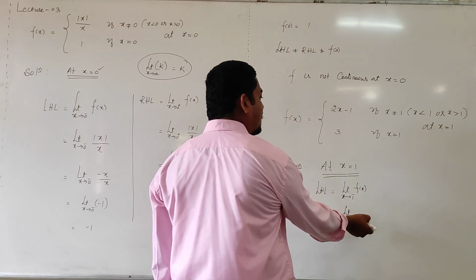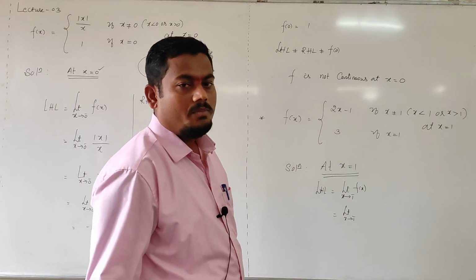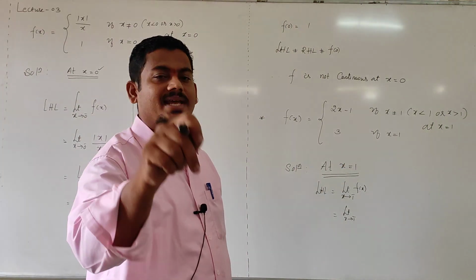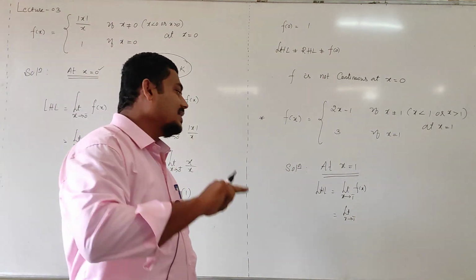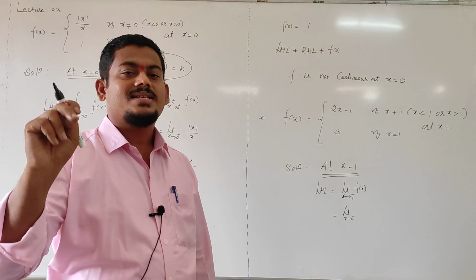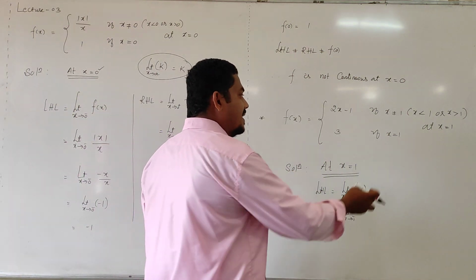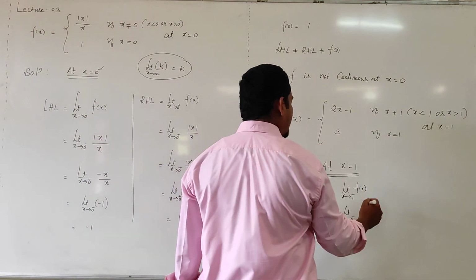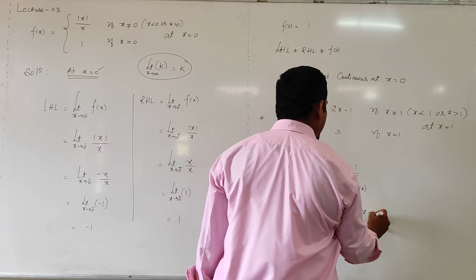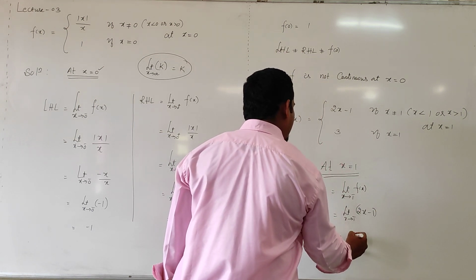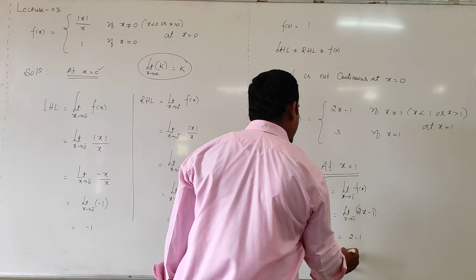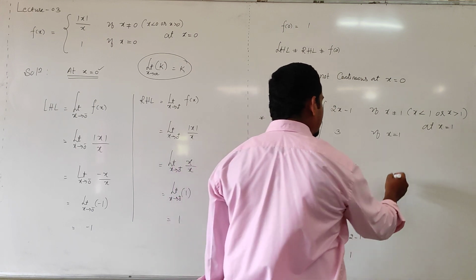Extending to 1 minus means less than 1, the meaning of 1 minus, not minus 1. On the head, if you write a negative sign, it suggests less than 1. Once x value is less than 1, the function is 2x minus 1. Now put x value 1 here, then it will be 2 minus 1, that's equal to 1.